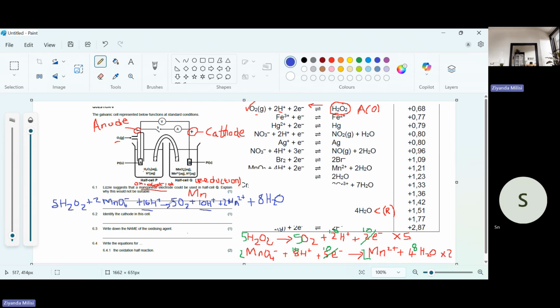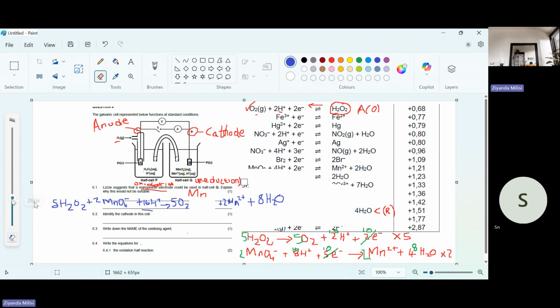It's going to be 16 minus 10. So you must always take from products. If we had more on the products, you are going to bring it, but there are more among reactants.